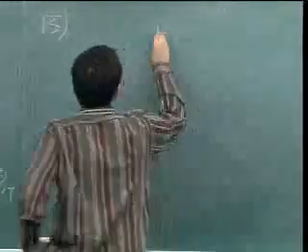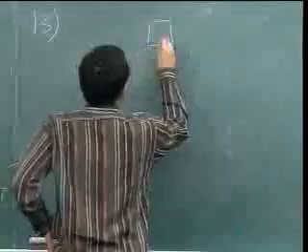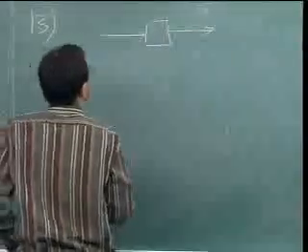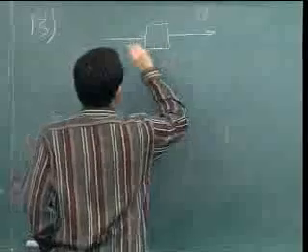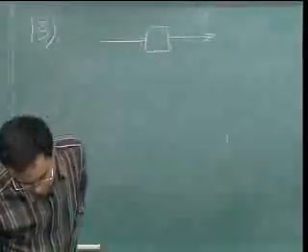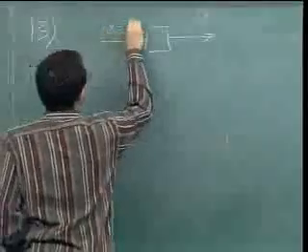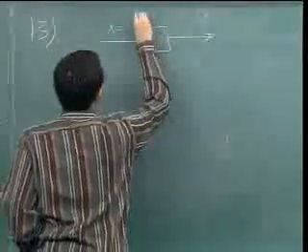So we have a barber, and people come and go, and they come with rate lambda equals 3 per hour.